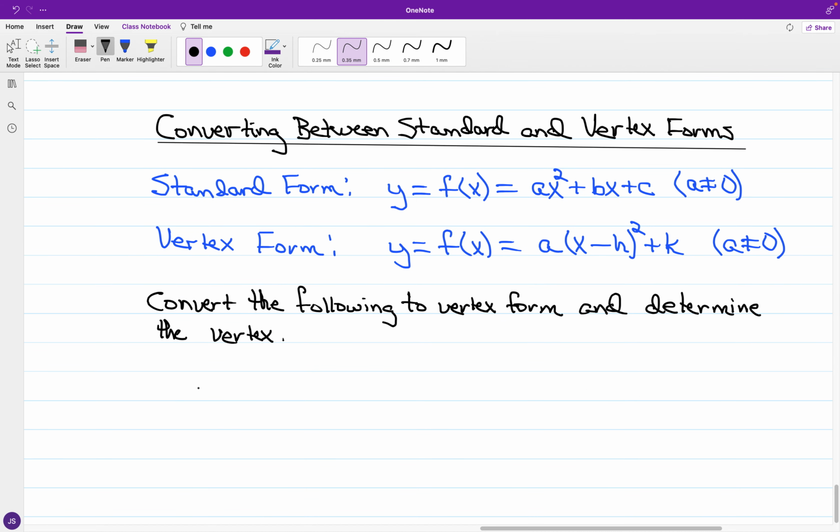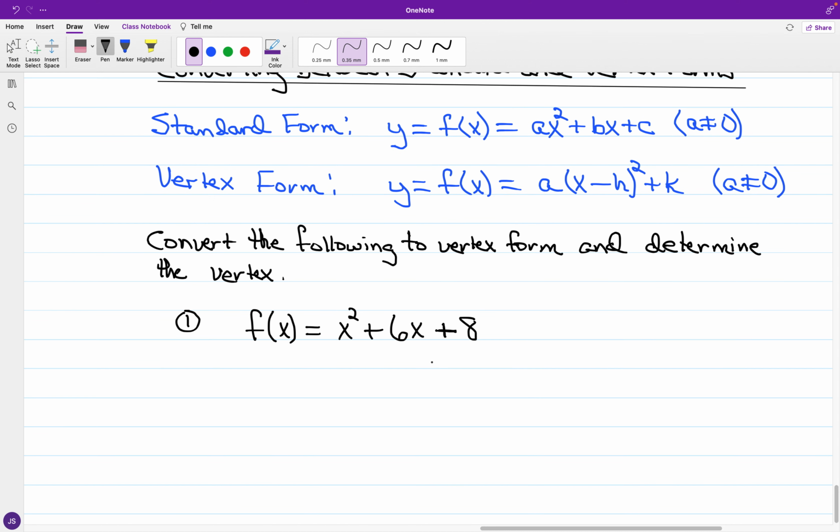And we'll say we have the first case. We'll say we have f of x equal to x squared plus 6x plus 8.